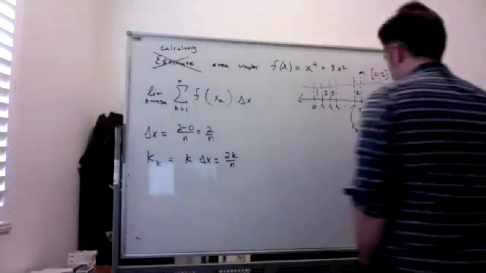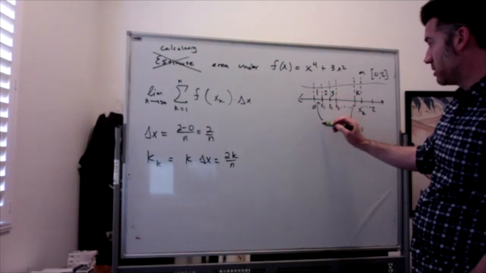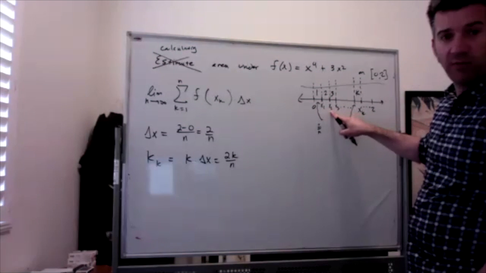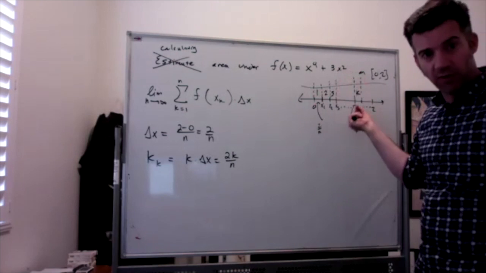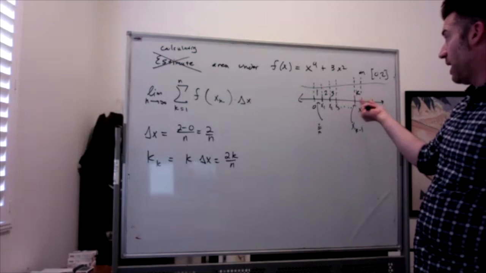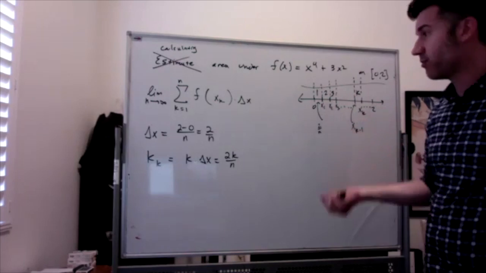Because our x sub 1 is 2 over n, and x sub 2 is 4 over n, and x sub 3 is 6 over n, right? Each of them is 2 over n further. So x sub k is going to be 2k over n. We've got k 2 over n lengths, which is 2 times k over n.